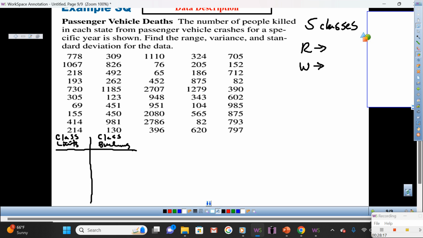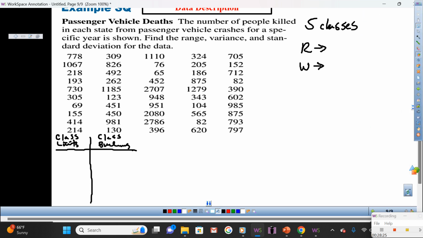Hold on. Let me make some room here. 2,786 minus 65.